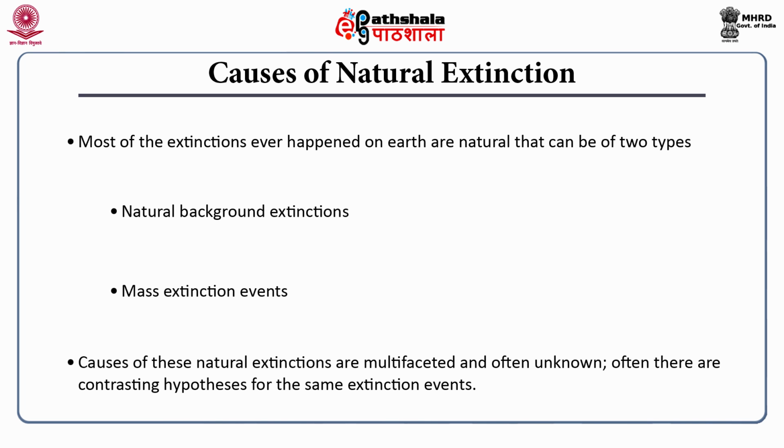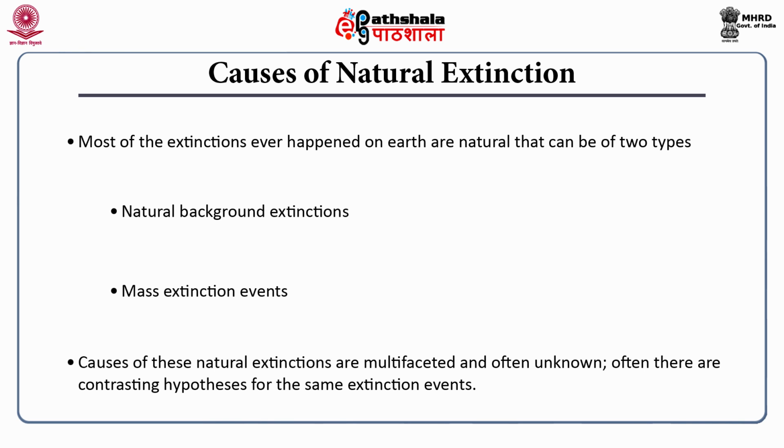Causes of these natural background extinctions are multifaceted and often unknown. For example, it is analogous to a forensic expert looking at the cause of death of a dead person during the post-mortem, where we can only reason with a certain probability for the possible reasons.